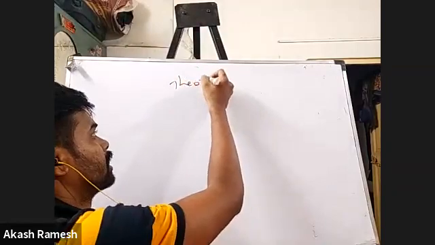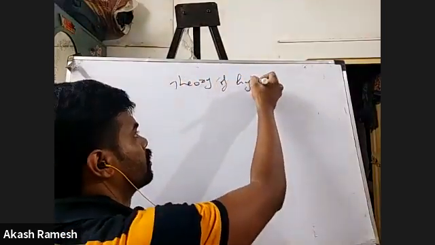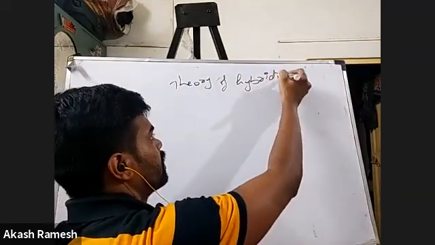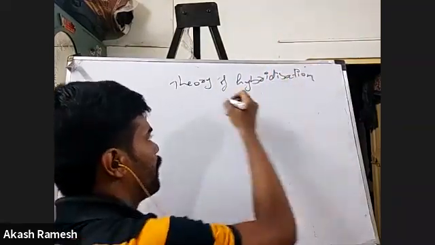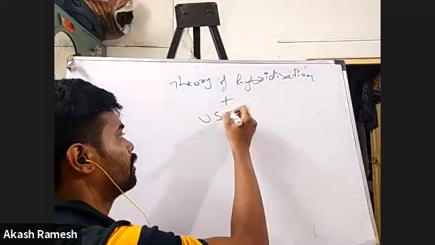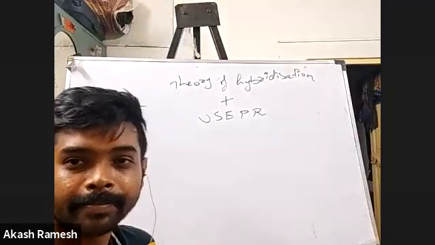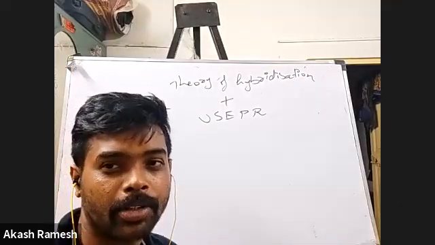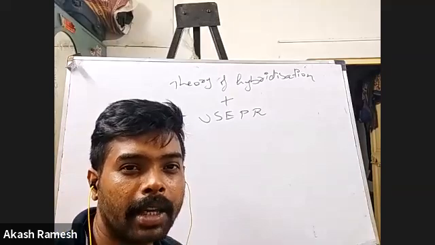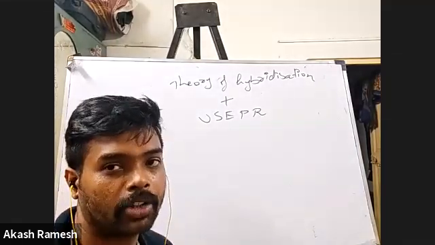First one is what is called the theory of hybridization, plus one more theory I told you we're going to club, that is my VSEPR theory. Okay, the full form is valence shell electron pair repulsion theory.